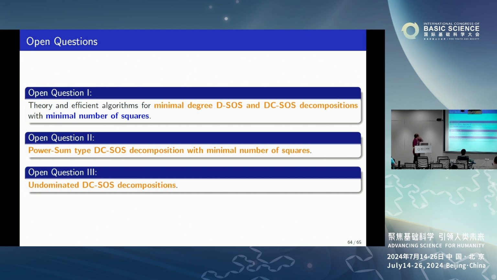The third one is undominatedness for DC-SOS. We know that D-SOS is undominated, but for DC-SOS we still have no idea. But undominatedness is very important.